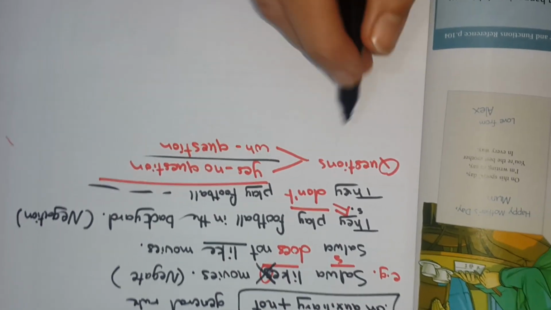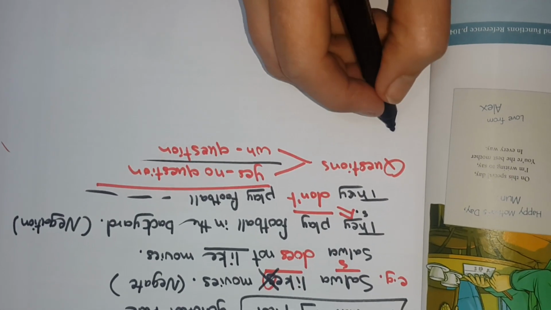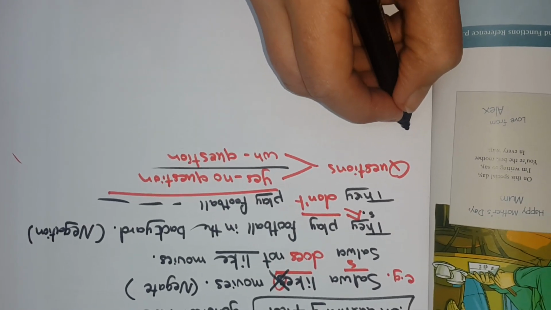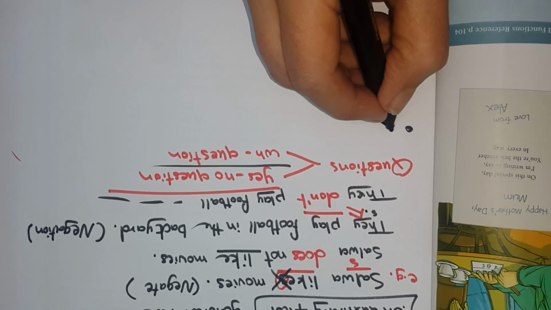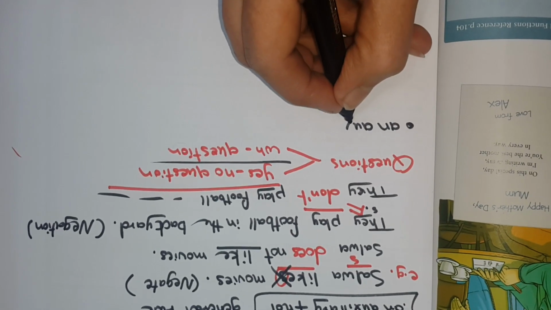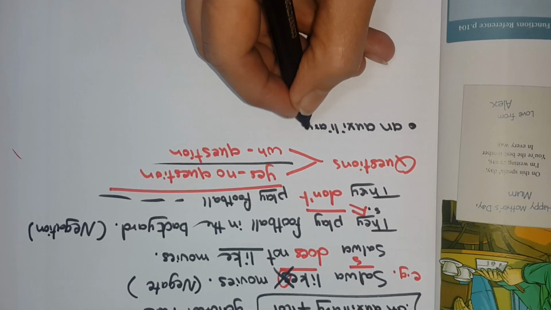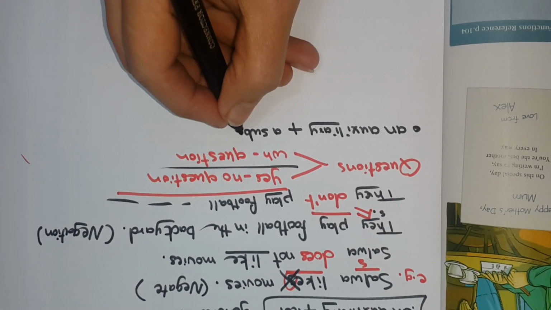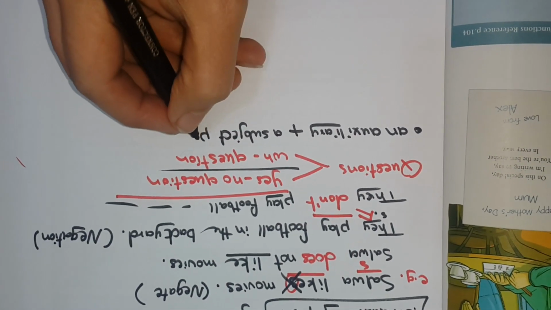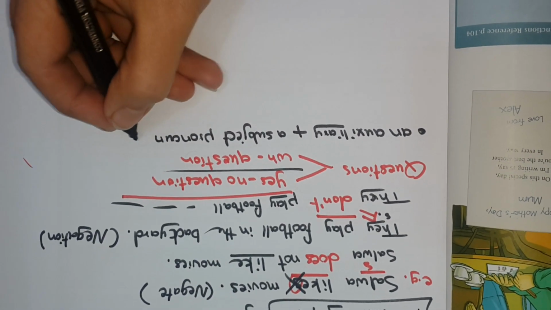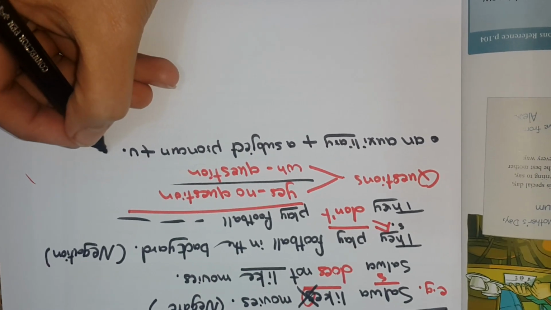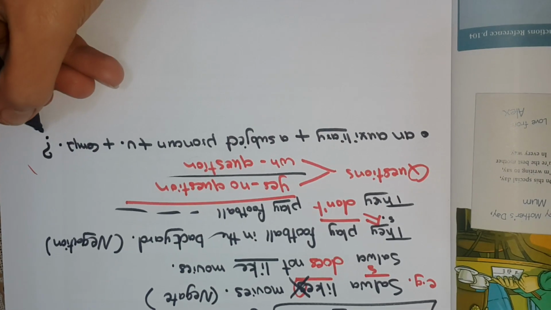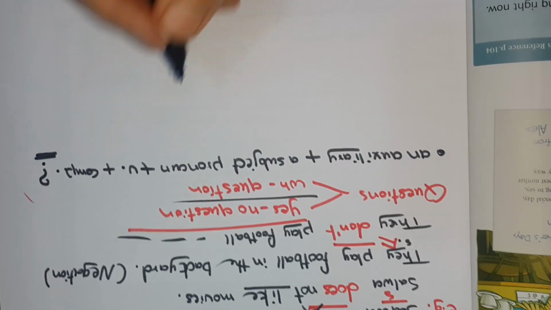To make a yes-no question, you need to follow the rule below. Your question should start with an auxiliary, followed by a subject pronoun, a verb in its base form, and a complement, and don't forget to put the question mark at the end.